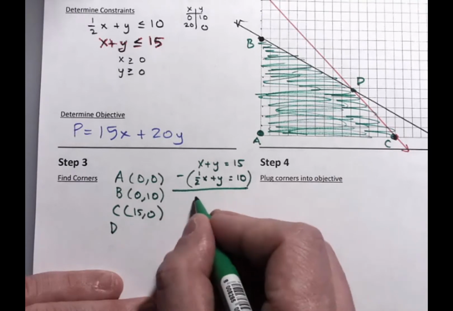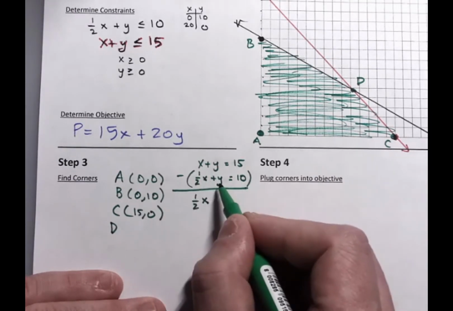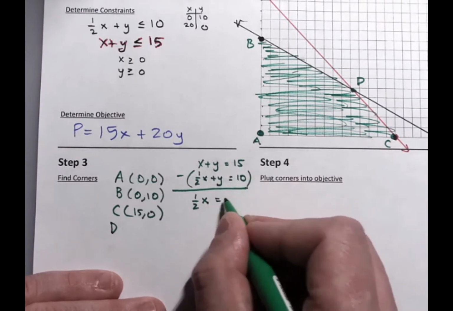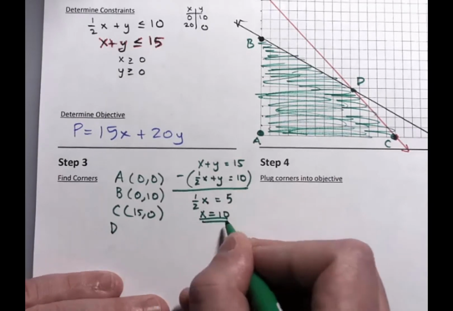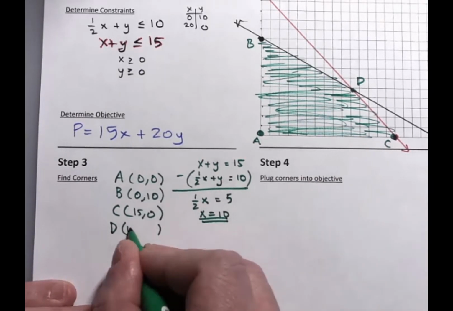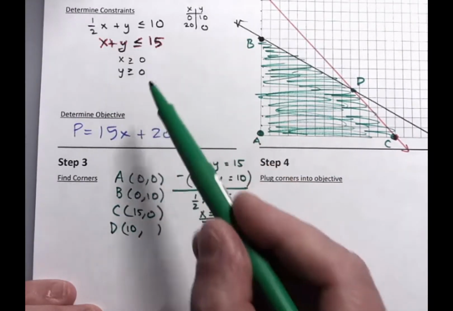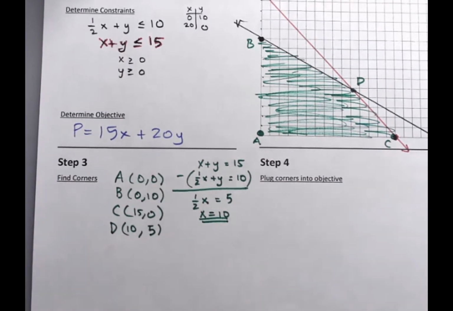So to figure out where these intersect, let's do some elimination here. x minus a half x is a half x. y minus y is 0, and 15 minus 10 is 5. So therefore, x would be equal to 10. And since x plus y must be 15, that means if x were 10, y must be 5.